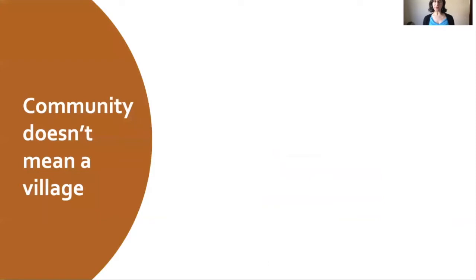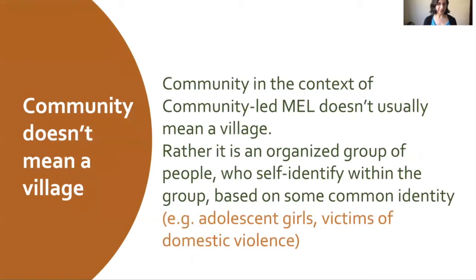I want to clarify that when we talk about community, it doesn't actually mean a village per se. Really what we're talking about is the motivated individuals who are interested in addressing the issue at hand, and particularly the people who are affected directly by that issue.